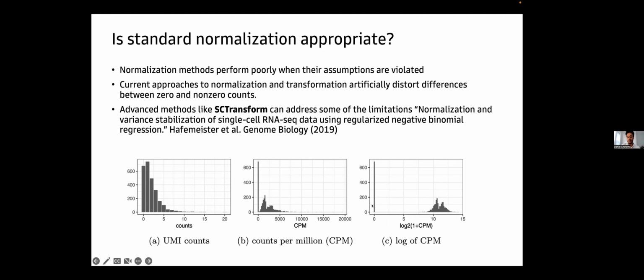So advanced methods like SCTransform might be doing a better job and not have problems like this. So if you want to dig deeper into this, I'd recommend looking into SCTransform and other more advanced methods of normalization.